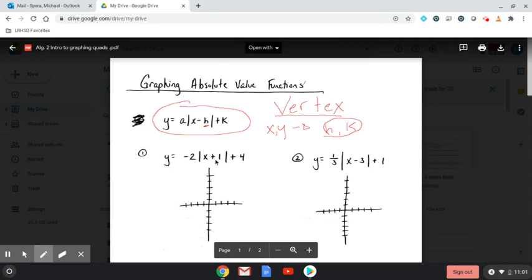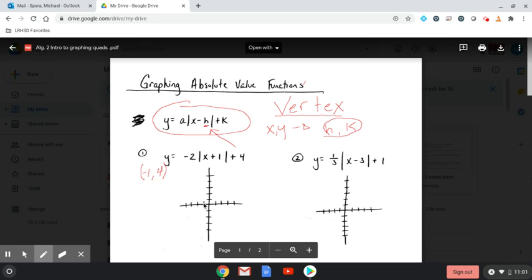Because we're given an x plus 1, and the form in its entirety is x minus h, it's going to be the zero of what's inside the absolute value bars, which more often than not, students should simply think, oh, it's the opposite. So our x point of our vertex for this problem is going to be -1. The y coordinate is k, which here is 4. So this is a point, -1, 4, that we're going to graph.